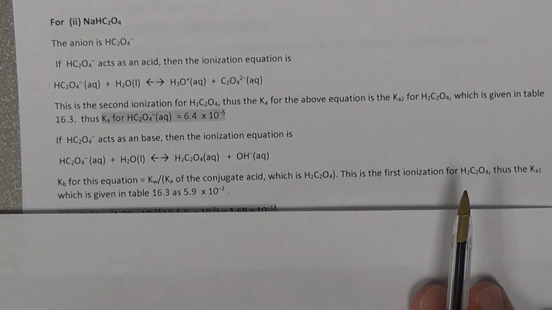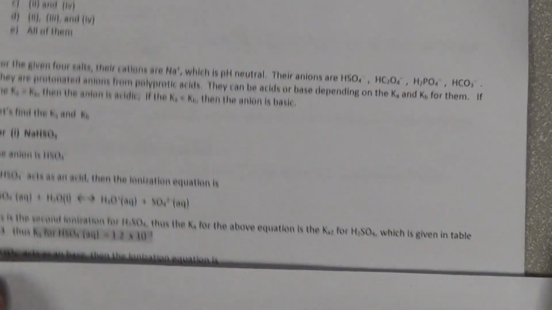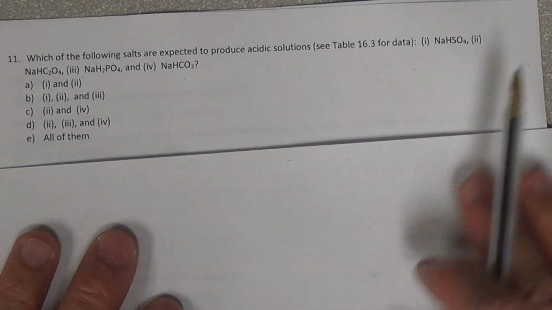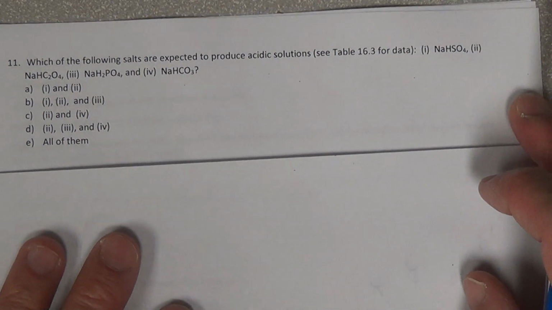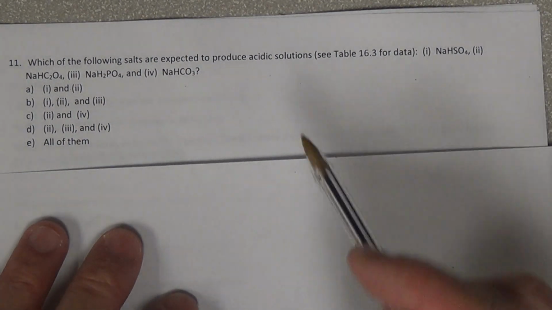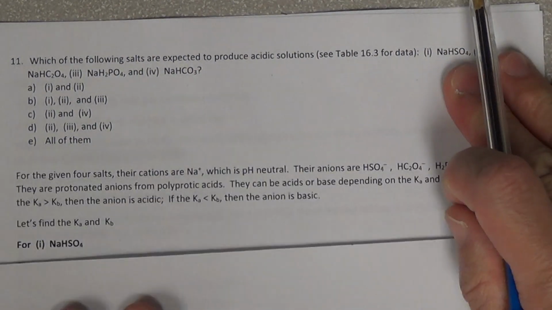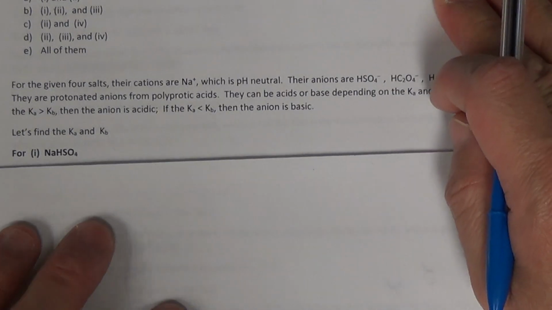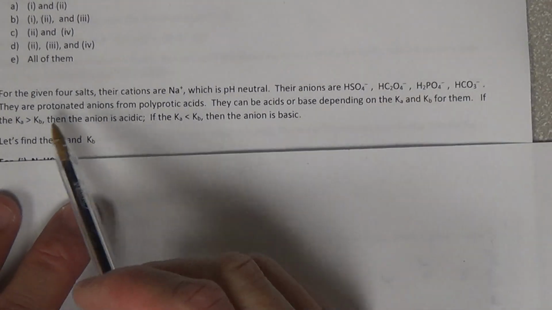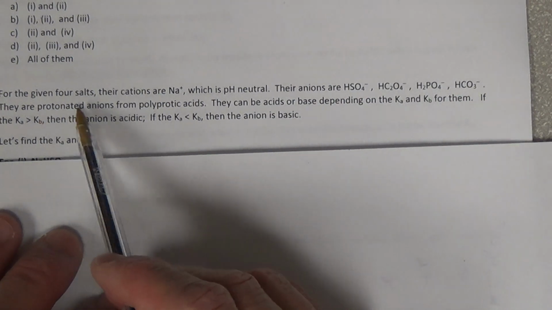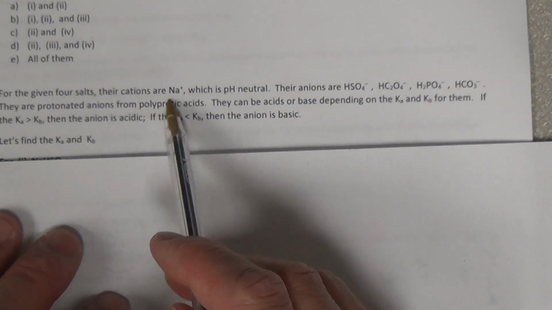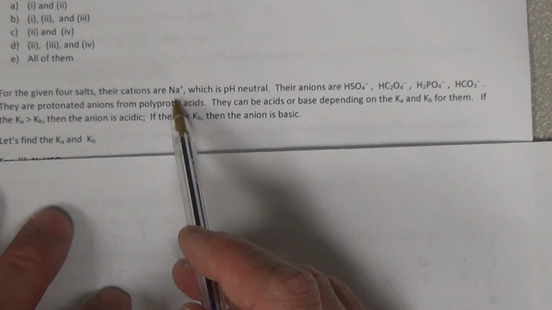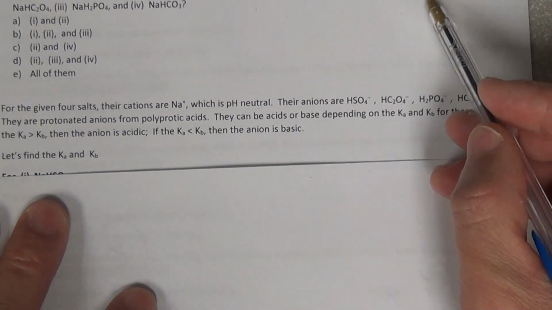Okay, so the next question, number 11, is conceptual. We are given 4 solutions and asked which one is acidic. We will follow these steps. For those given 4 salts, their cations are all Na plus, because they all have Na.